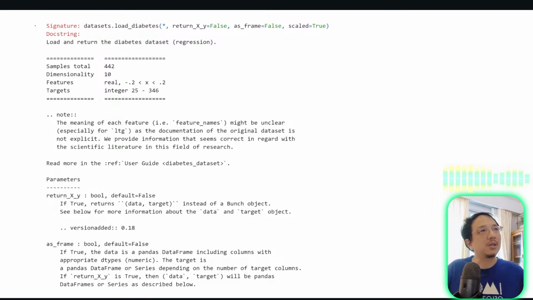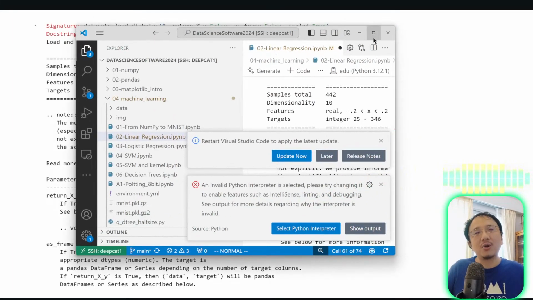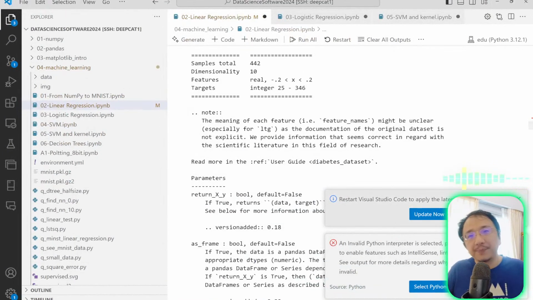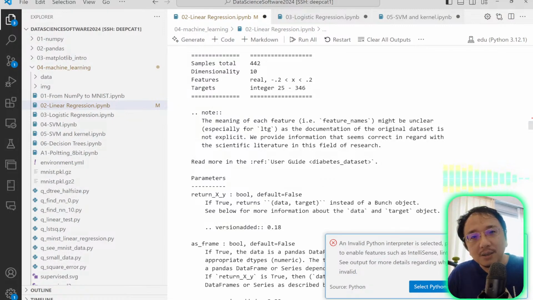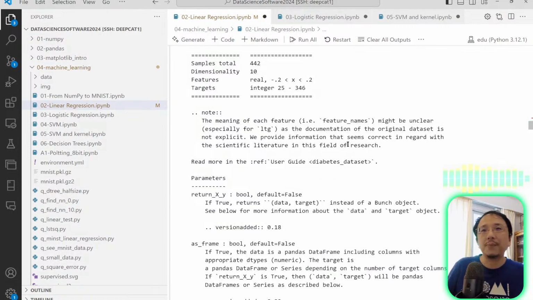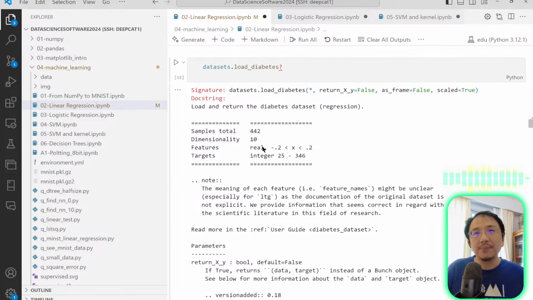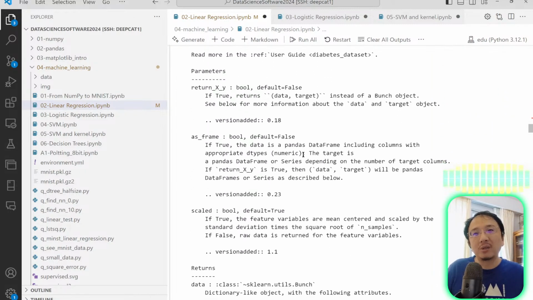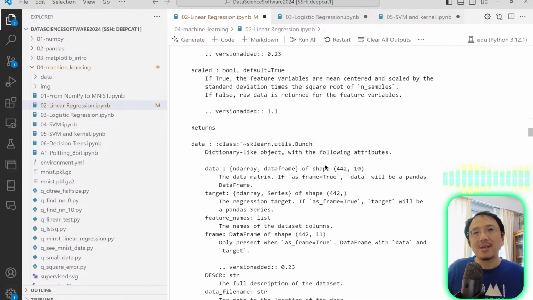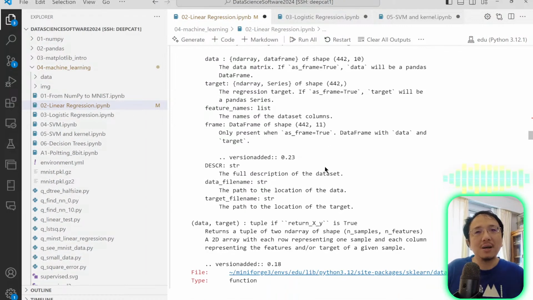Let me check the notebook, which I have already presented, because that is difficult to show on the slides, but you can see it right here. It has a full documentation of what is inside the dataset.